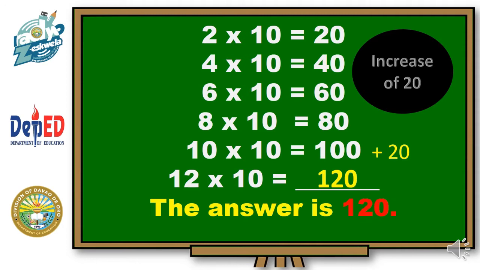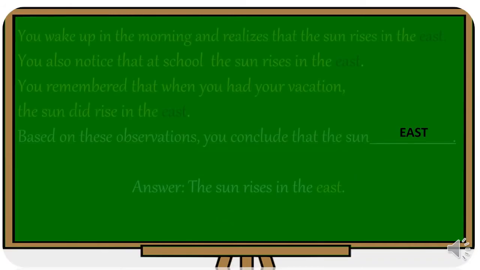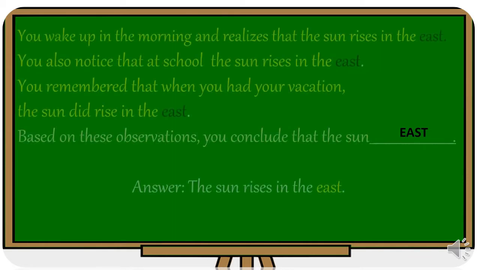Were you able to draw the correct conclusion in each activity? How did you come up with your answers in our first activity? In activity 1, you were able to draw an answer or a conclusion based on specific examples or events.